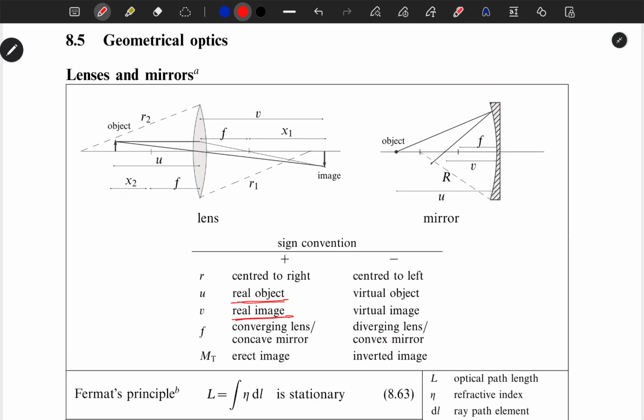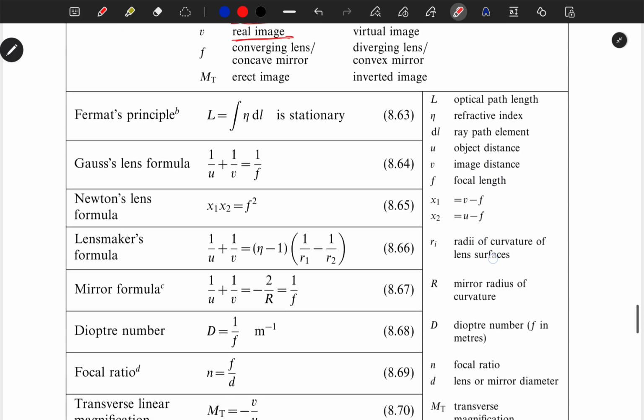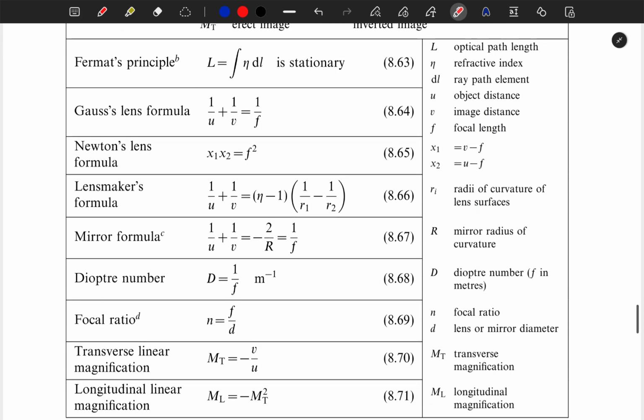Here geometrical optics, we have lens and mirrors. Lens: R is the center to right, u is the real object distance and v is the real image distance. Now Fermat principle, L equal to integral of eta dl, this is constant.